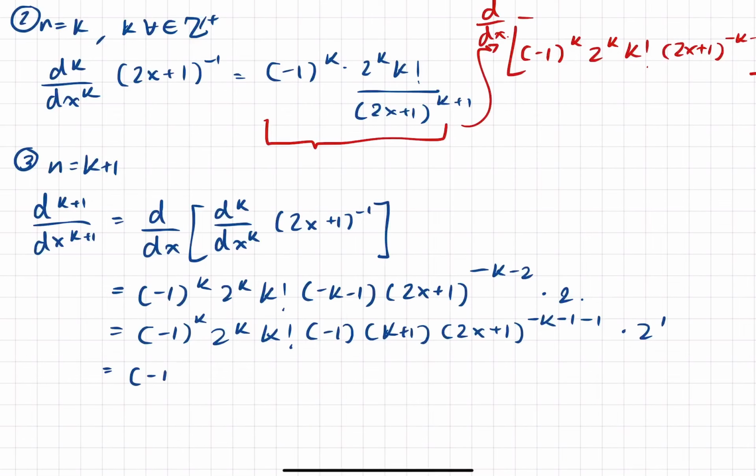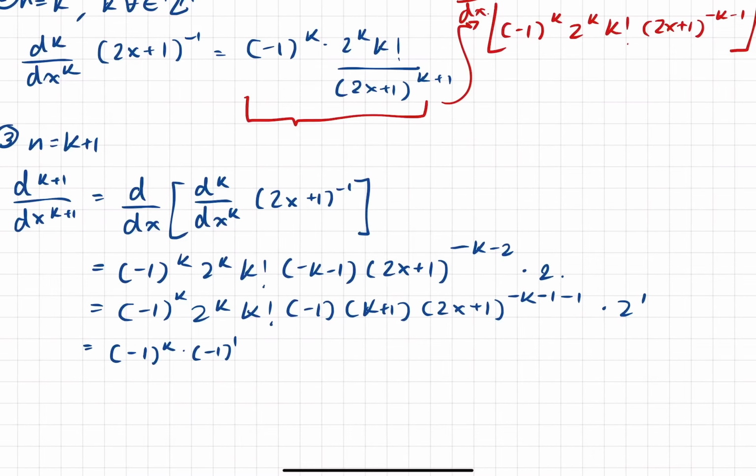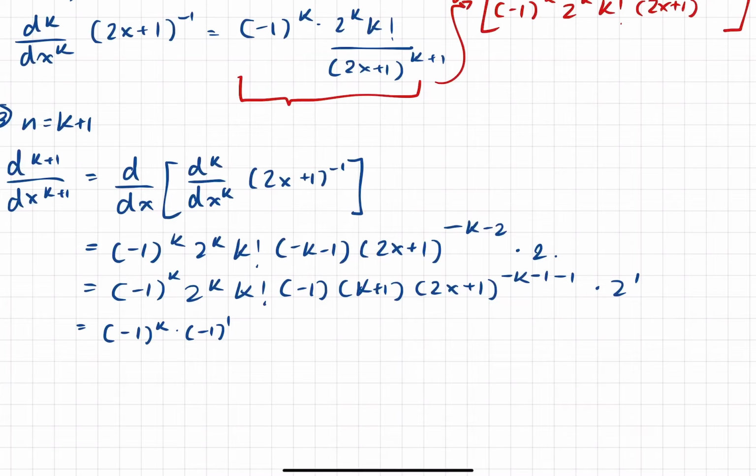So we're going to do (-1)^k times (-1)^1, and I'm writing these exponents, although redundant, just to show you where the numbers are going to come from. Times 2^k times 2^1, k times k factorial times k plus 1 times (2x plus 1)^(-k minus 1 minus 1).